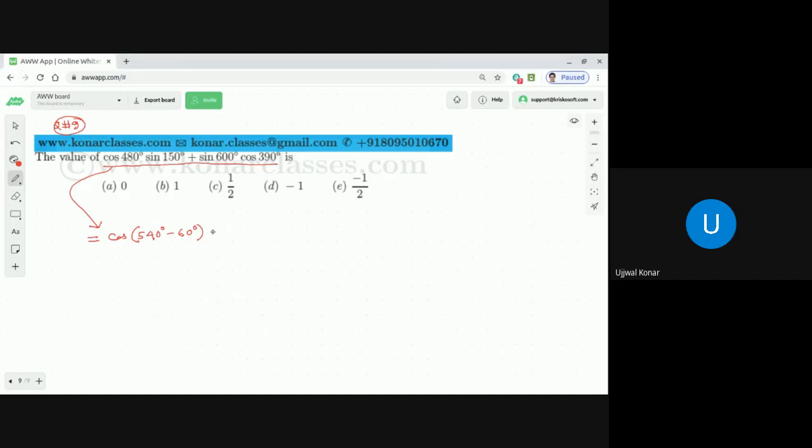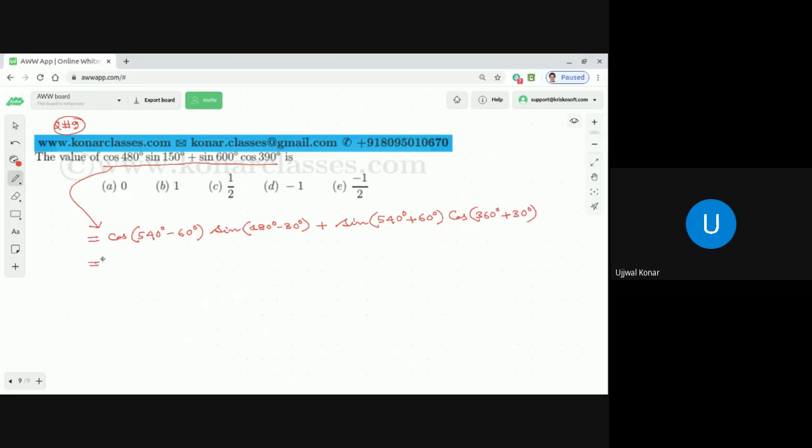In a similar manner, sine 150 is sine of 180 degree minus 30 degree, plus sine 600 degree, which is sine of 540 degree plus 60 degree, and cos 390 degree is equal to cos of 360 degree plus 30 degree.